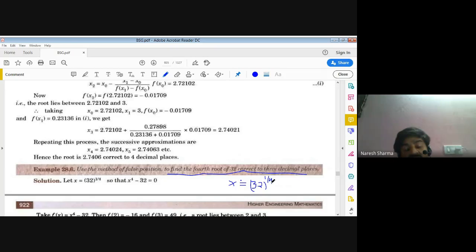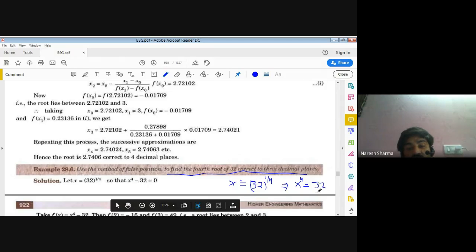So we just assume this fourth root of 32 as your x. If we take the power 4 on both sides, this becomes x raised to power 4 is equal to 32. Now if we shift this 32 to the left hand side, we get this equation. Now we assume the left side as f(x), nothing special.